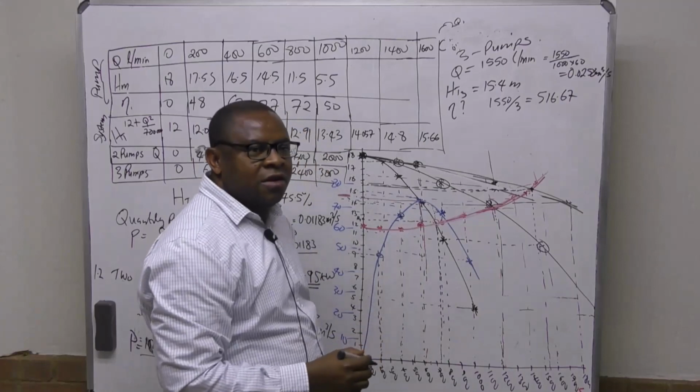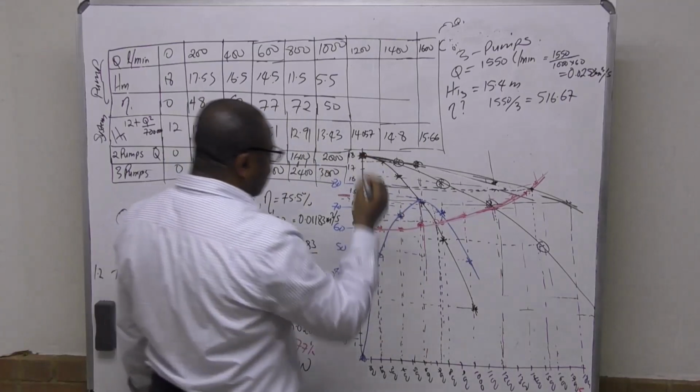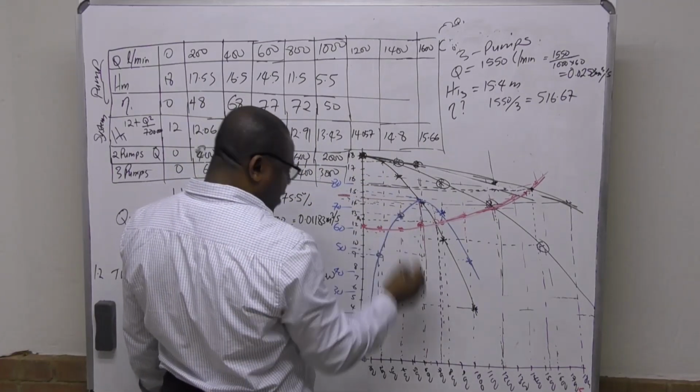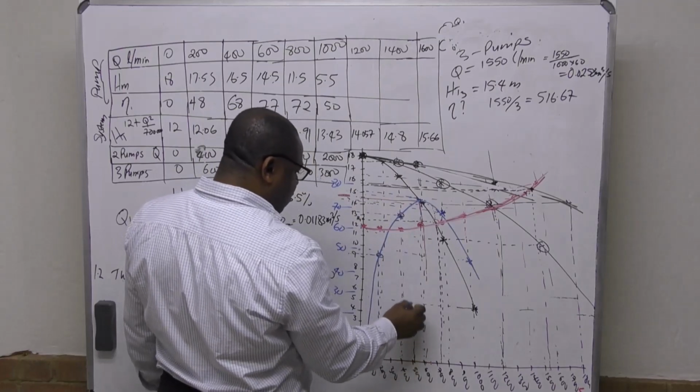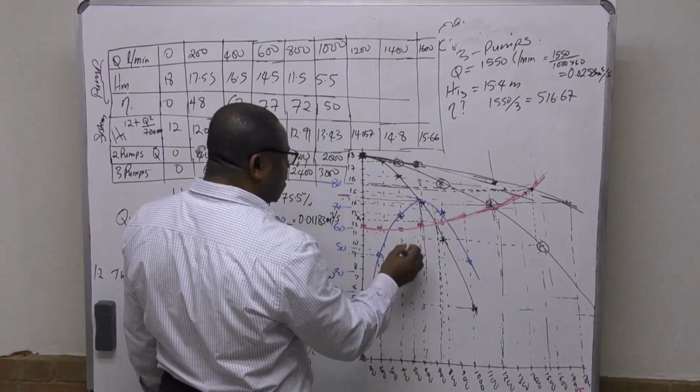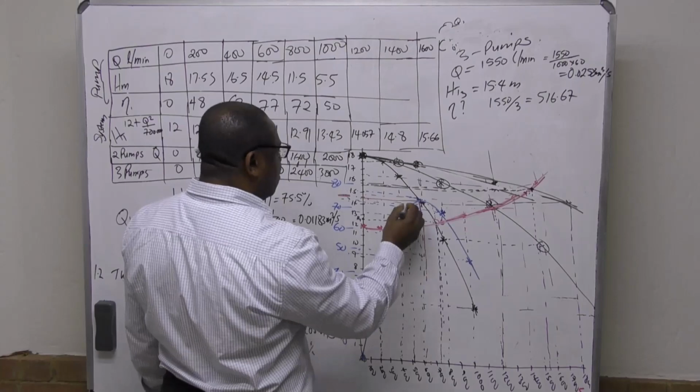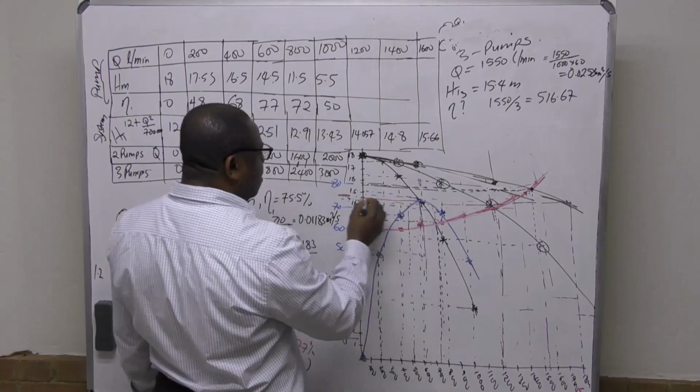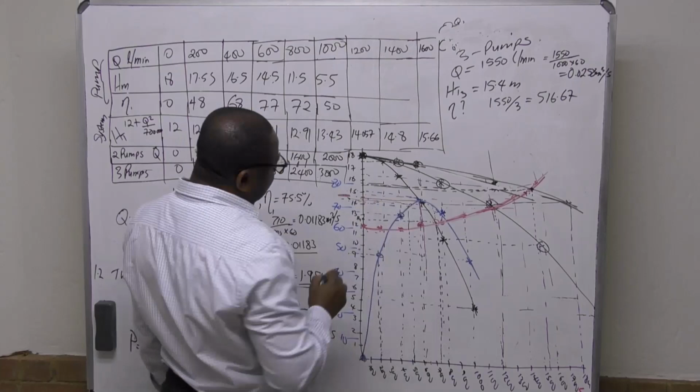We are going to take it up and see where it cuts across that. So you take this until it cuts the efficiency, which will be somewhere here, maybe half of that.